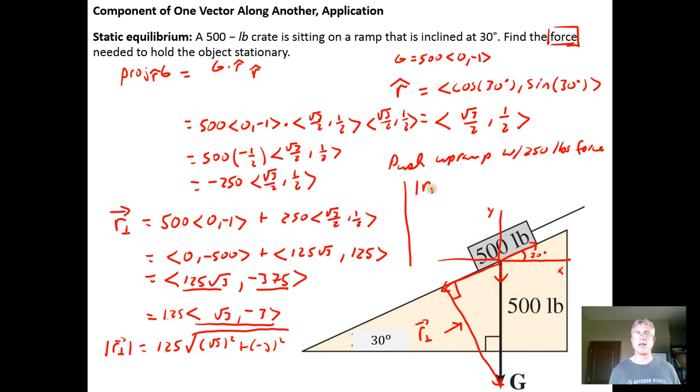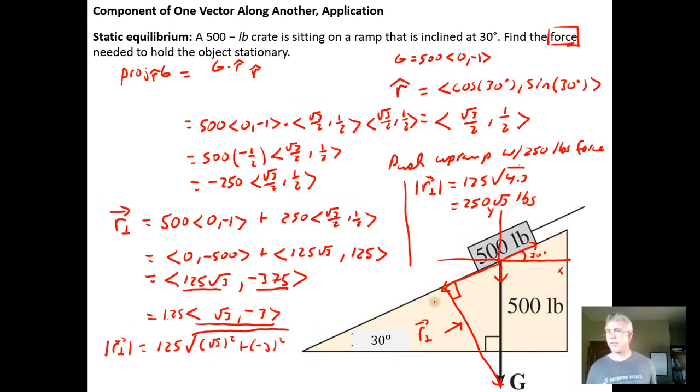So the size of the force perpendicular to the ramp would be 125 times the square root of 3 squared, which is just 3, and -3 squared is 9, so we'd get 12, which is the same as 4 times 3. So we would wind up with 125 times 2, since the square root of 4 is 2, so we get 250 square root of 3 as the size of the force perpendicular to the ramp.